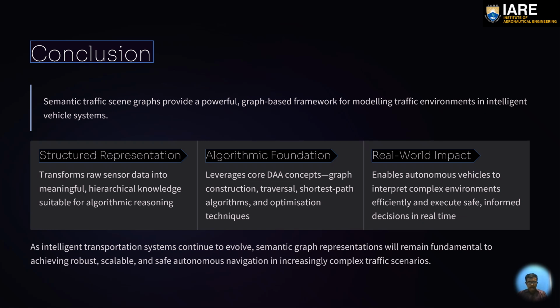The graph transforms raw sensor data into meaningful hierarchical knowledge suitable for algorithmic reasoning. And the algorithmic foundation. It leverages core DAA concepts like graph construction, traversal, shortest path algorithms, and optimization techniques, and real-world impact. It enables autonomous vehicles to interpret complex environments efficiently to execute safe, informed decisions in real time.